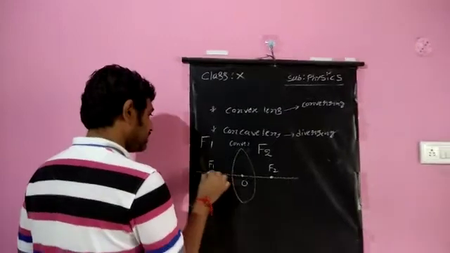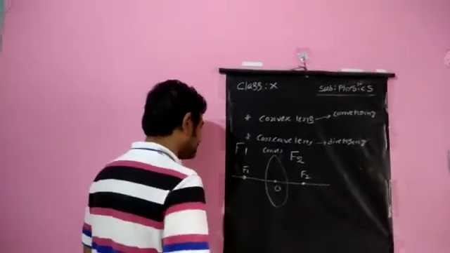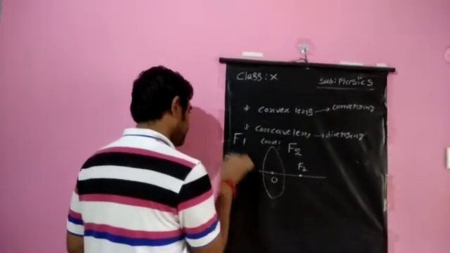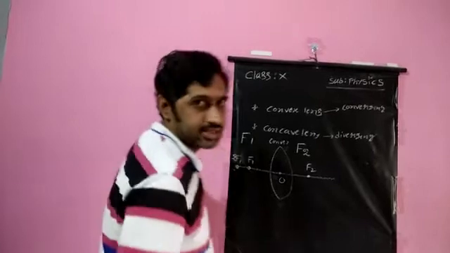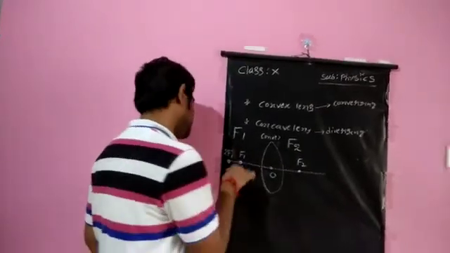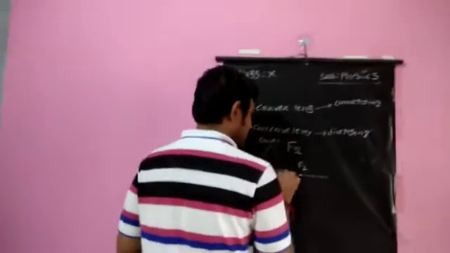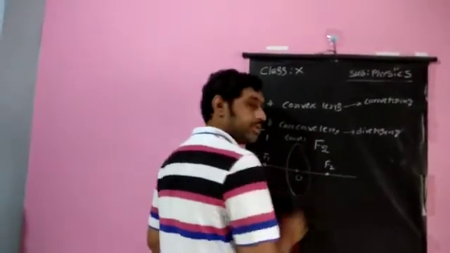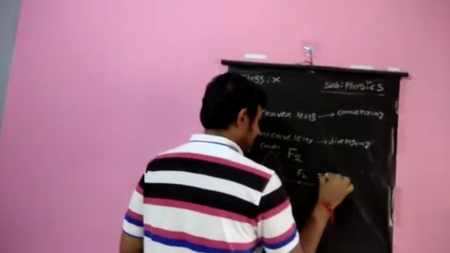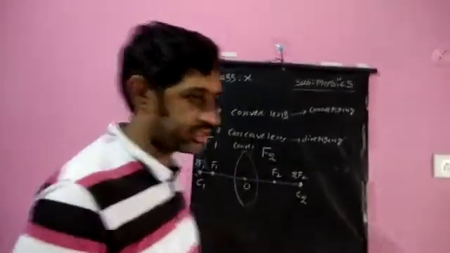If the distance between the optical center O and the first principal focus is 15 centimeters, then at twice that distance, 30 centimeters, you will have 2f1. 2f1 acts as the center of curvature, which can be written as C1 also. On the other side, this is f2. If I take OF2 as 20 centimeters, then at 40 centimeters you will have 2f2, which can also be taken as C2 for this convex lens.